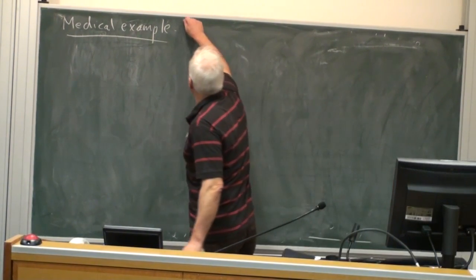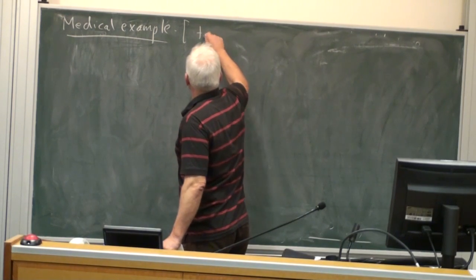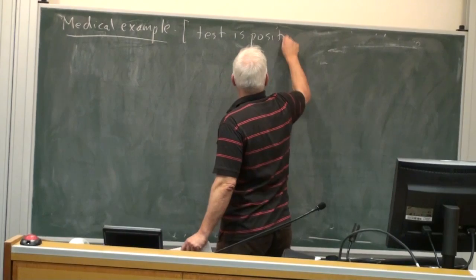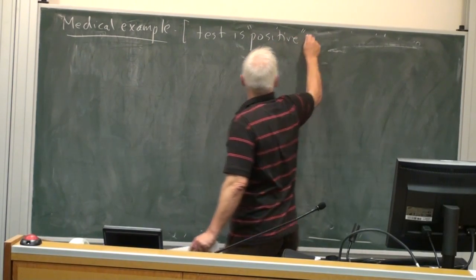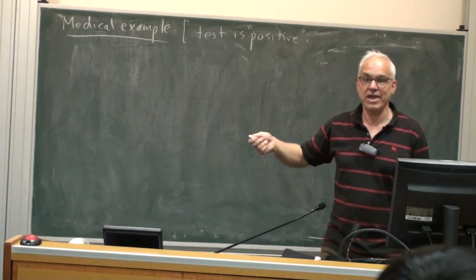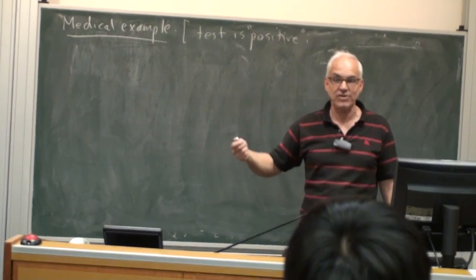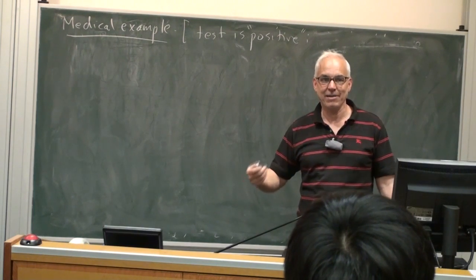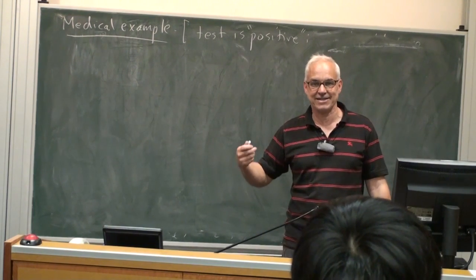Okay, first of all, a little bit of notation. If you take a medical test and it's positive, just notationally, if you take a test for leukemia or something and it comes back positive, it doesn't mean that it's a good result. It means that the answer is yes.